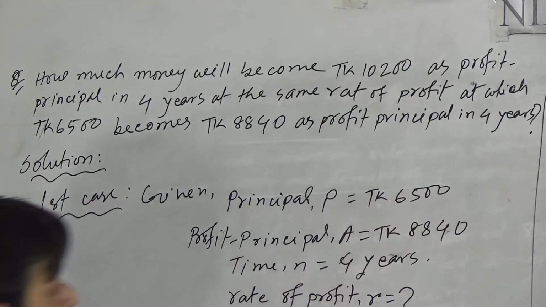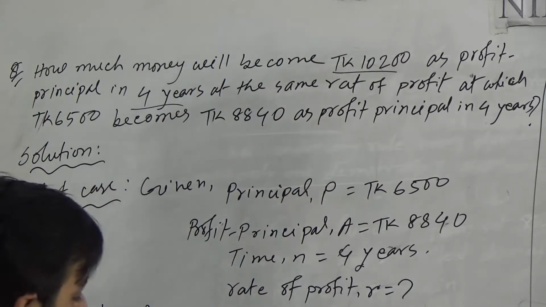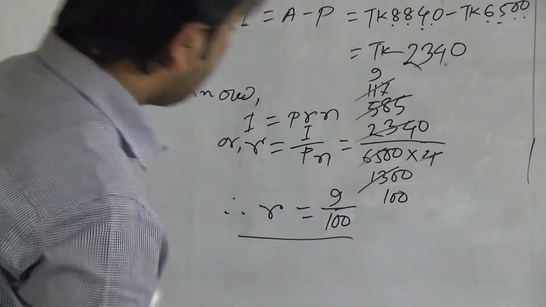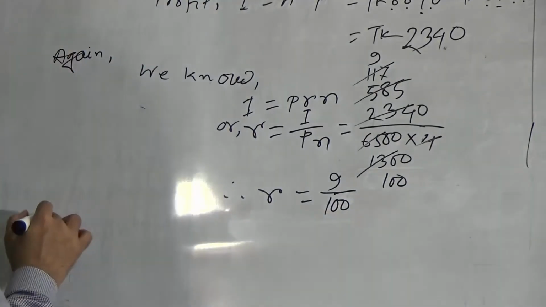It means that in this case also, time is given, 4 years, and profit principal is given, and we need to determine P, and for this we need to use this R. So we can write second case.